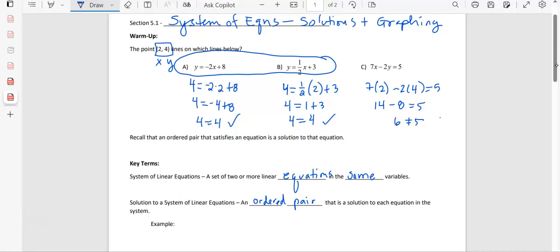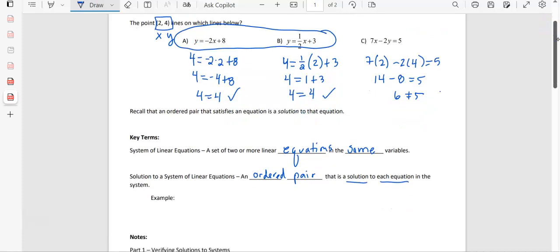So if we have a solution to our system of equations, it must be an ordered pair that's a solution to each equation. So our example from our warm-up is that (2, 4) is a solution to the system.